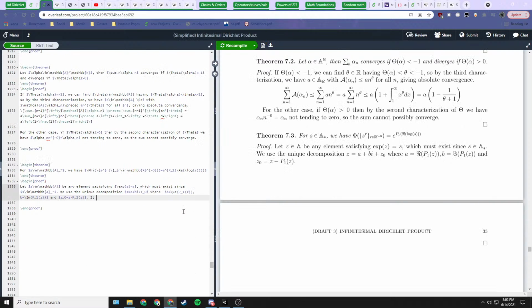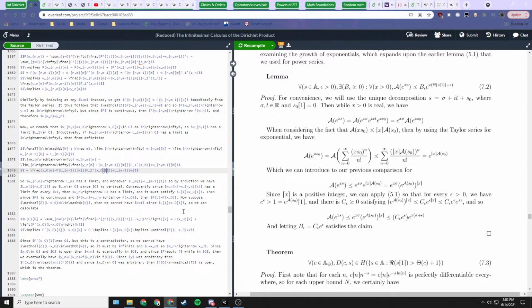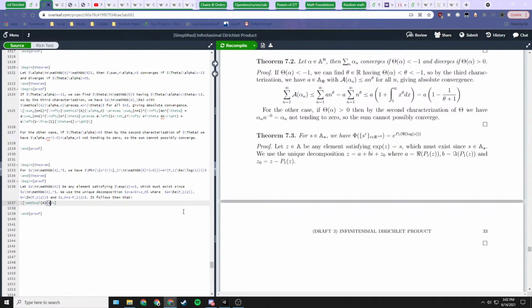Okay. It follows then that we have S to the power of R is A of, instead of S to the power of R, this should be exp.